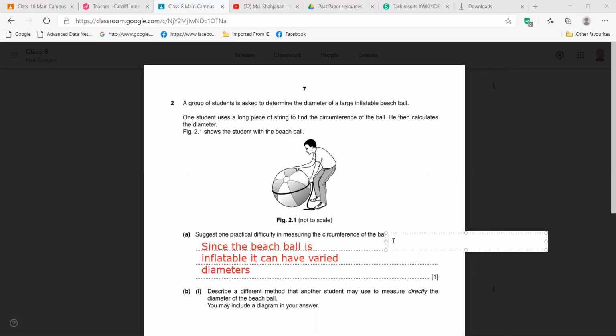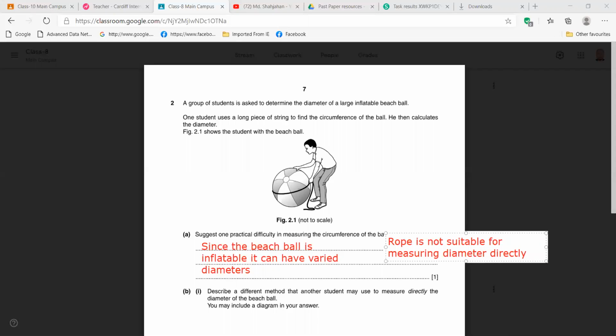The difficulty: rope is not suitable for measuring the diameter of a beach ball directly.